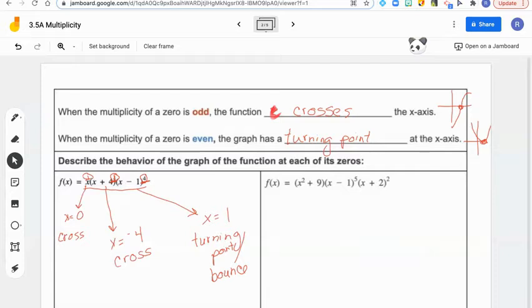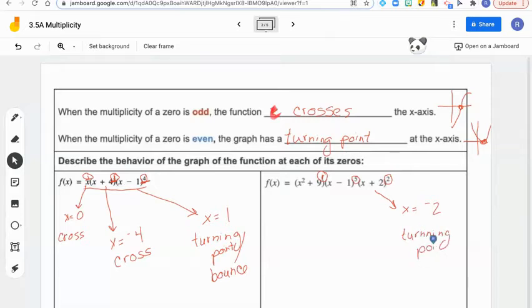Again, here's our exponents. If there's not one there, remember that it's a 1. Okay, so here when x is equal to -2, we have an even multiplicity, which means it's going to have that turning point.